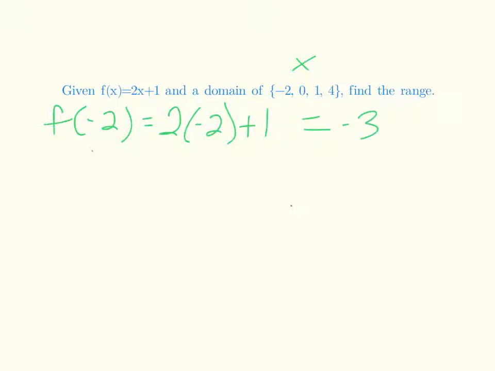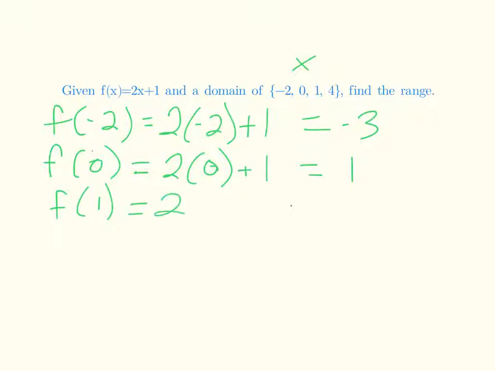Okay, if we continue, f of 0, that means x is 0. That is 2 times 0, plus 1, which is 1. Okay, we just do that for every single one of these. f of 1, 2 times 1. That's 2 plus 1, that's 3.